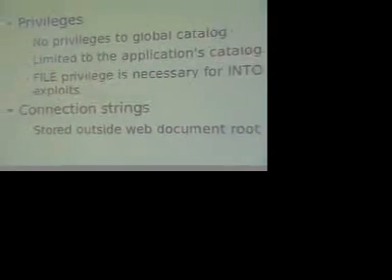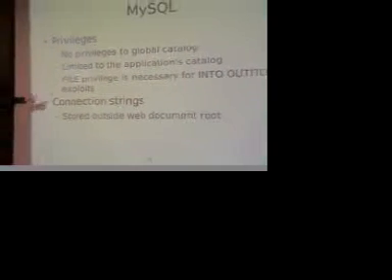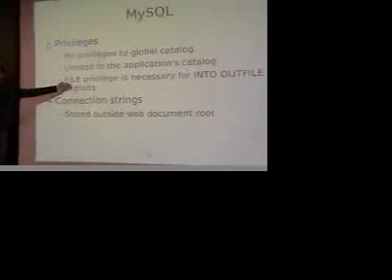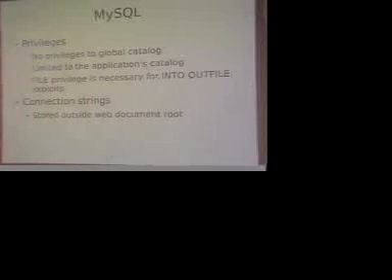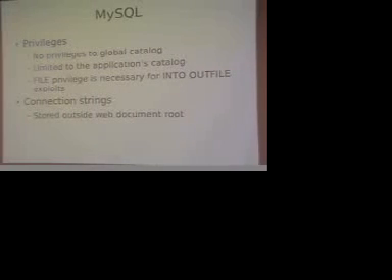There's also MySQL we can talk about. With MySQL, you probably want to disable the file privilege. That's how we were able to use this INTO OUTFILE. We were able to create arbitrary files on the file system. You basically want to apply the idea of least privilege access inside your database. So rather than having your root-equivalent database user run your web application, you create a specific user for your web application that only has access to that specific catalog.